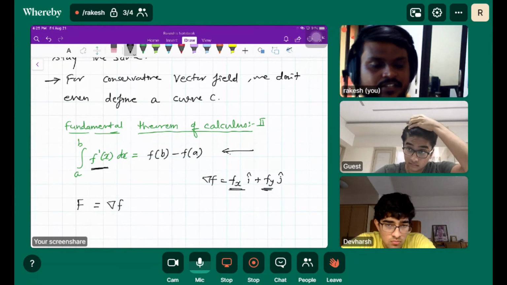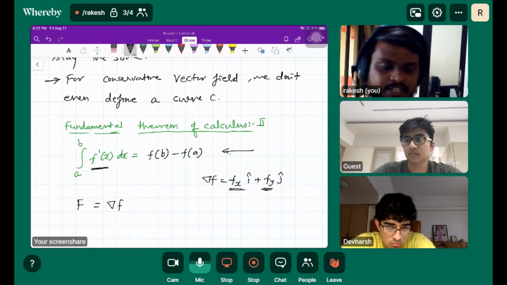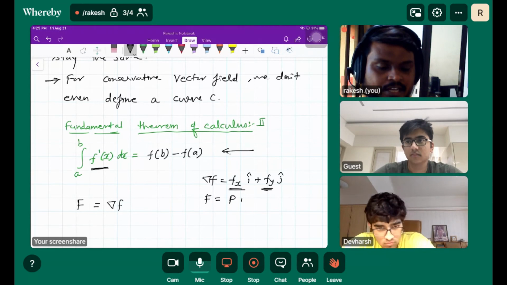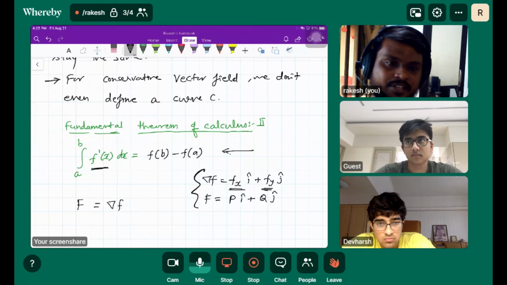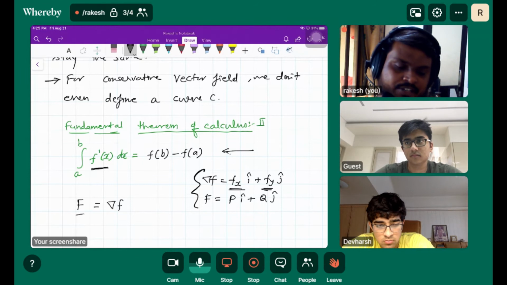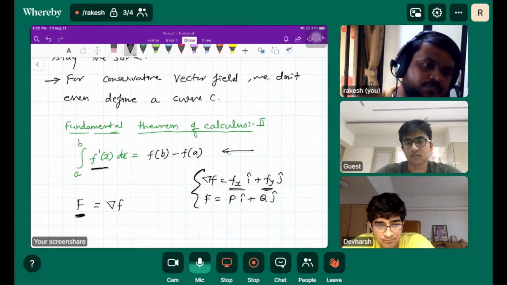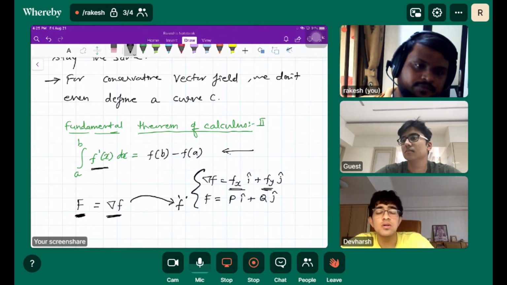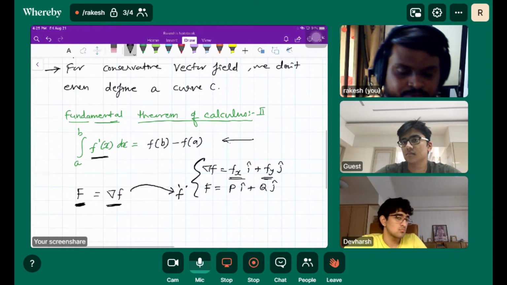And our vector field was like P i cap plus Q j cap. So aren't they the same thing? This vector field is a conservative vector field only when it is the gradient of some other function f. That's the definition.